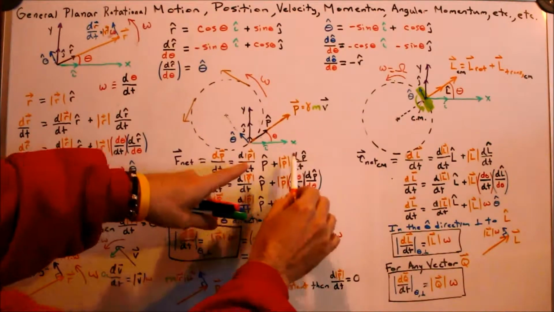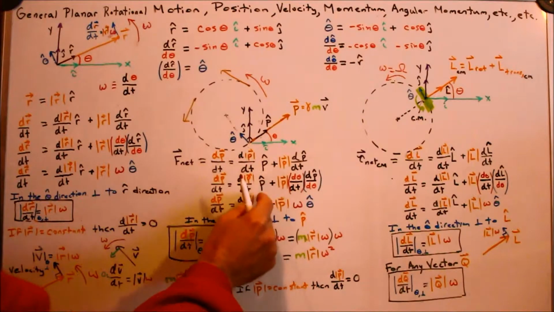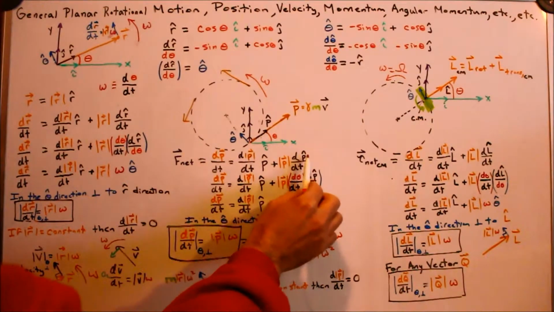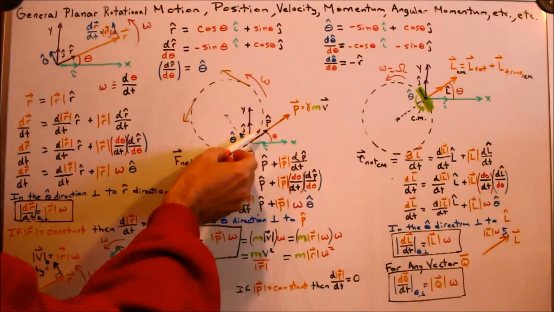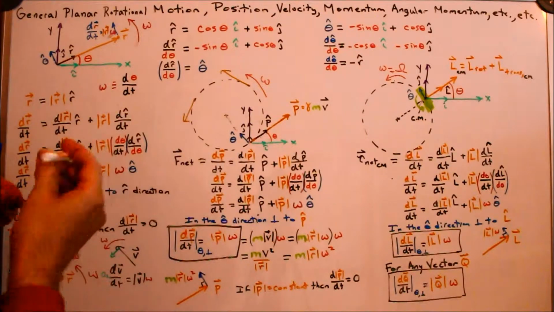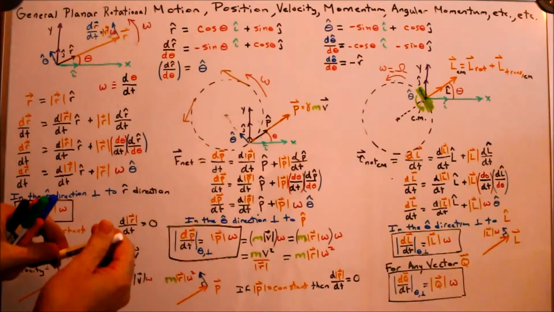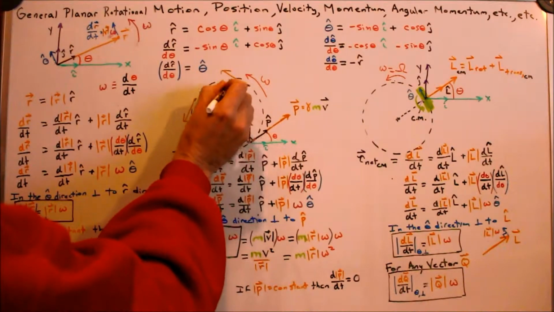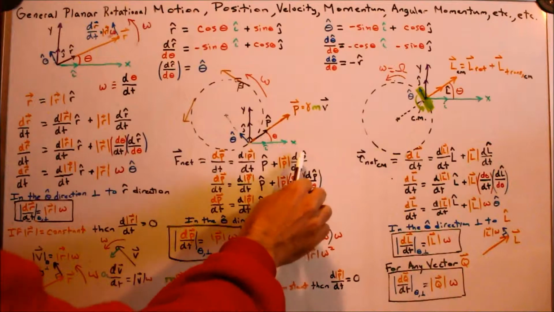Well, that's again just my product rule. I can break out the p hat, the directionality of the p vector. At this moment of time the p hat would be here, so this p hat is rotating.